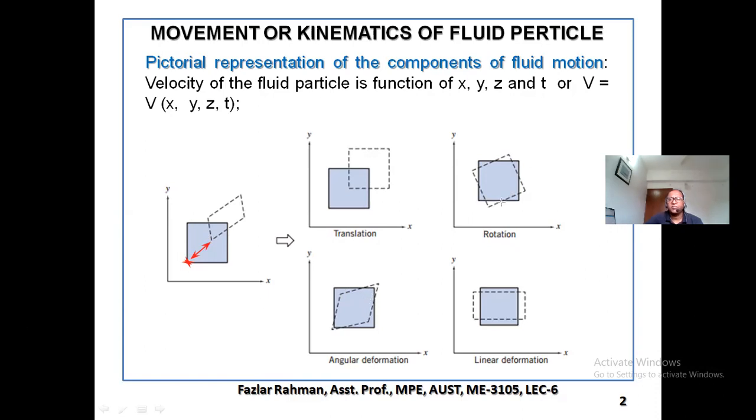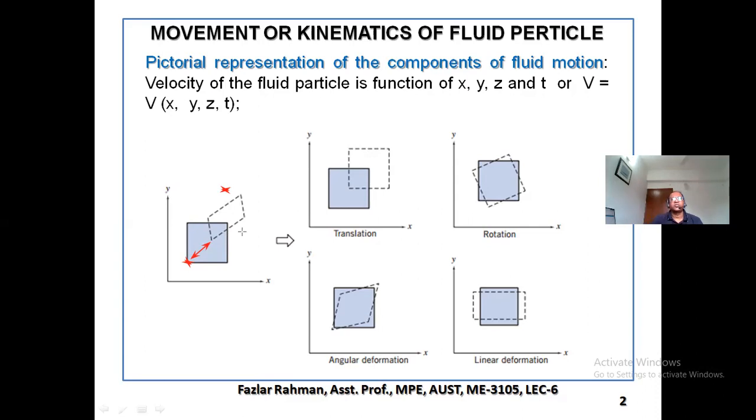You see right over here, it rotated, but there is no angular deformation because all the sides are still vertical. But right over here, it has angular deformation. After angular deformation, there is a linear deformation. That means one side becomes bigger than the other side, the length increases. So finally, it becomes this shape.